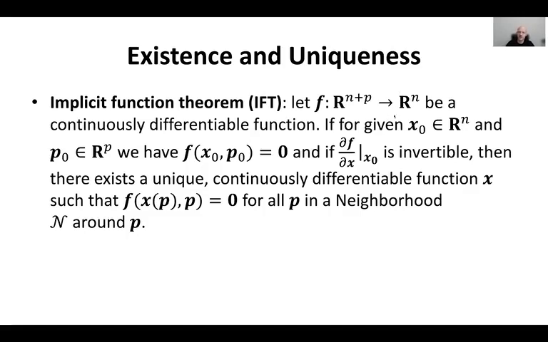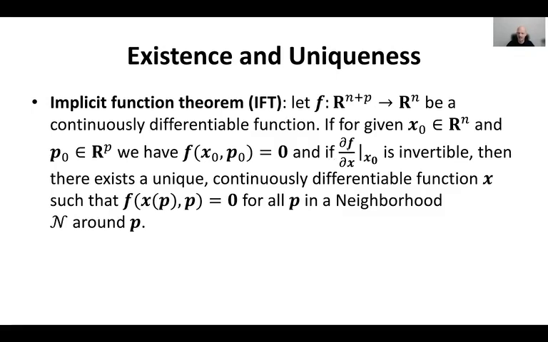So for a given reference configuration, it doesn't have to be really the rest state, but just some point around which we have already computed the equilibrium configuration, let's call that x0, and for a corresponding set of parameters p0, such that that function f evaluates to 0, which means that we are at static equilibrium, at least the first order conditions for stable static equilibrium are satisfied.